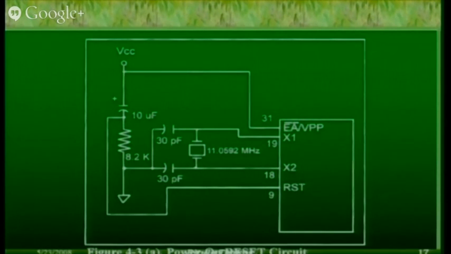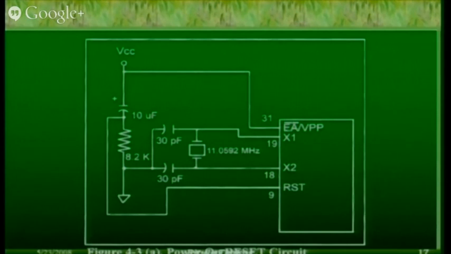So in this circuitry, the connection I have made is to VCC. That means, am I doing external RAM interfacing or not? No. When EA is connected to ground, that means I have externally connected a memory. But in this case, I have connected it to VCC. That means I have not connected any external memory to it.